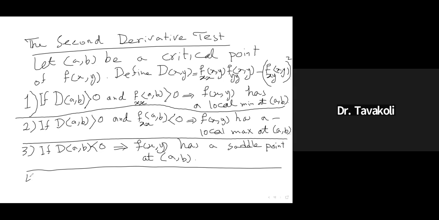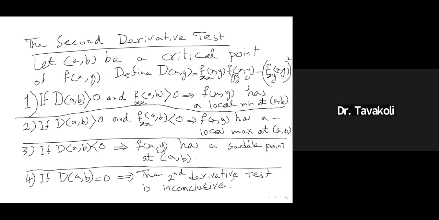And the fourth part is if D at AB happens to be 0, then the second derivative test is not helpful, it is inconclusive.